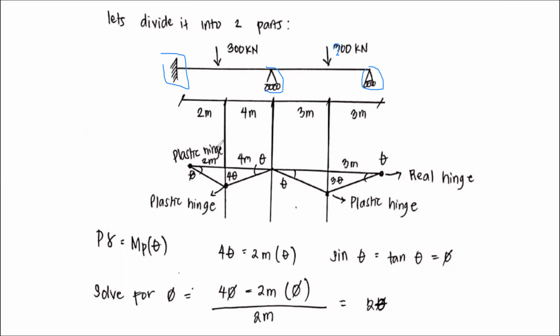So first, kailangan lang natin mag-draw ng line dito para makabuo tayo ng ganitong form. Then, this point, ito, is plastic hinge, and ito, plastic hinge yung mga yan.